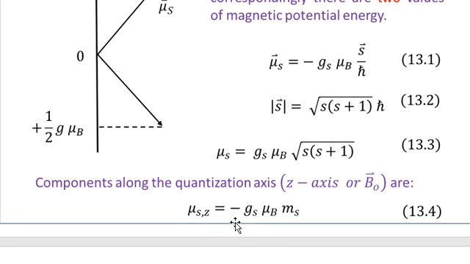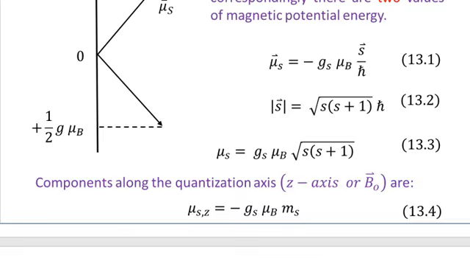So mu sz is equal to minus gs times mu B times ms, where ms is the spin magnetic quantum number, and it has a value of plus minus half. In the case of a single electron, the value of ms will be plus minus half.